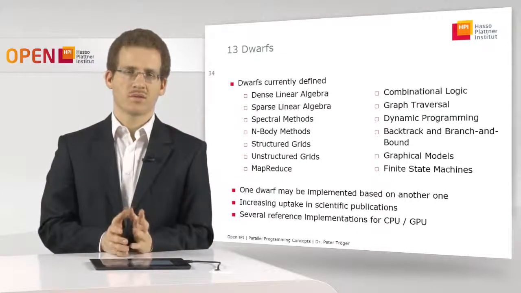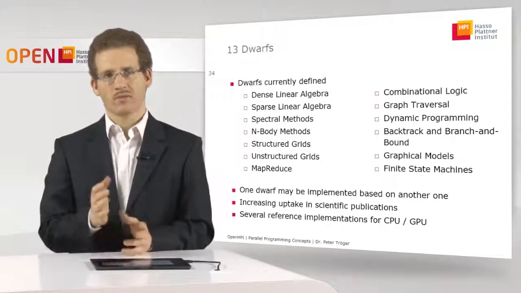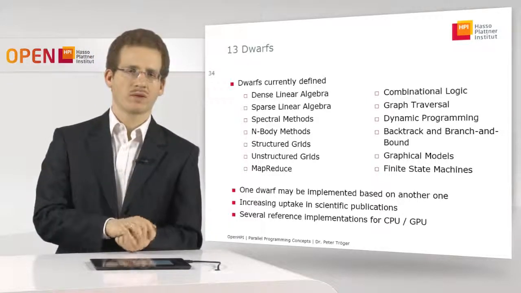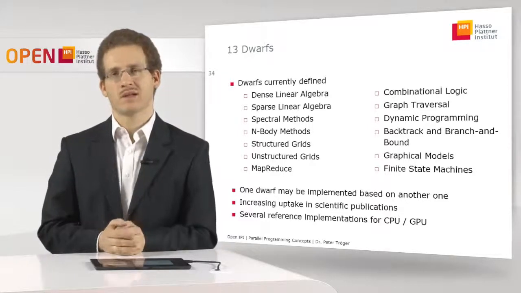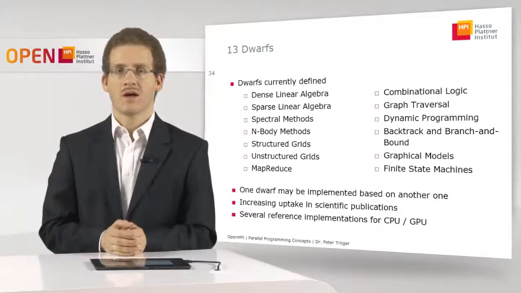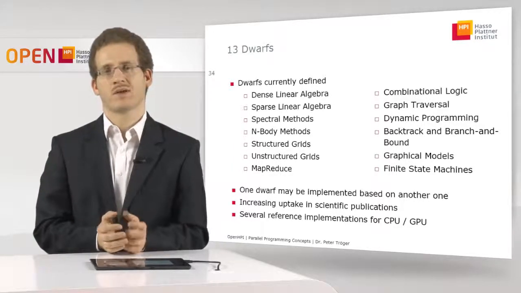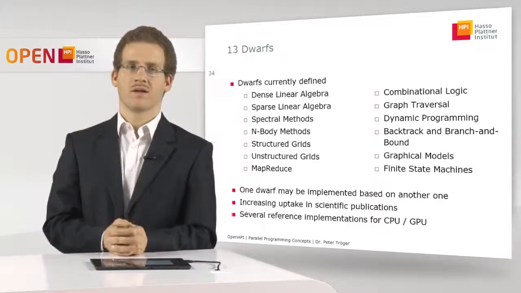So the current collection of dwarfs looks like this. We see that there are things like linear algebra in there, but also grid designs in your algorithm or graphical models. And it can be expected that this list is not finished, but currently it looks like most of the interesting parallelization problems, at least in scientific computing, are represented here.